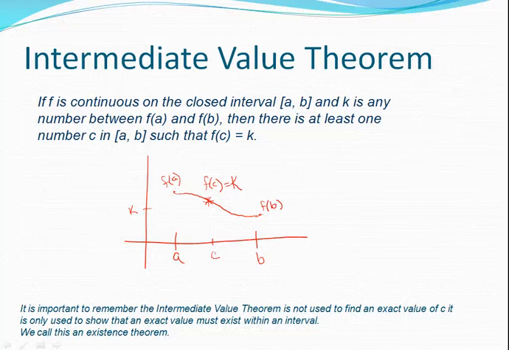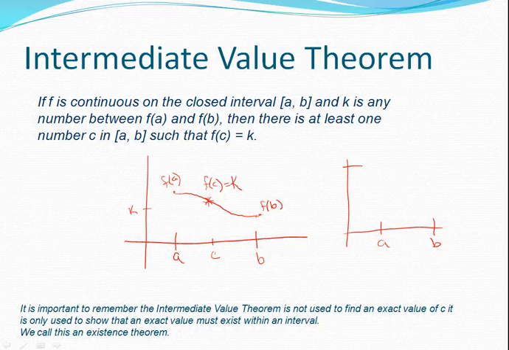So let me explain this again in another way. If I have a function on a closed interval from A to B, and f of A is 7, and f of B is 1. If the function is continuous, then it hits all the values between 1 and 7.